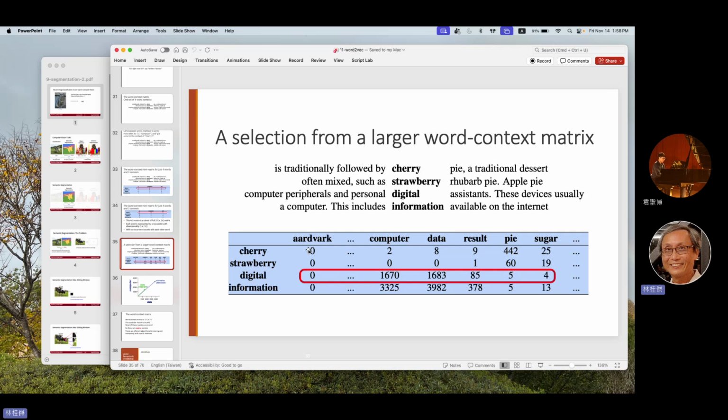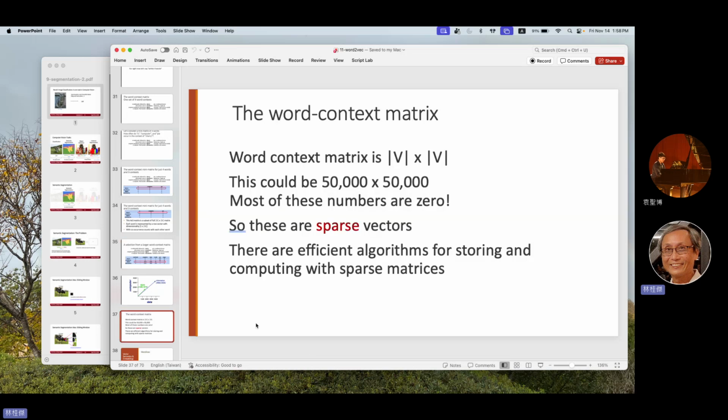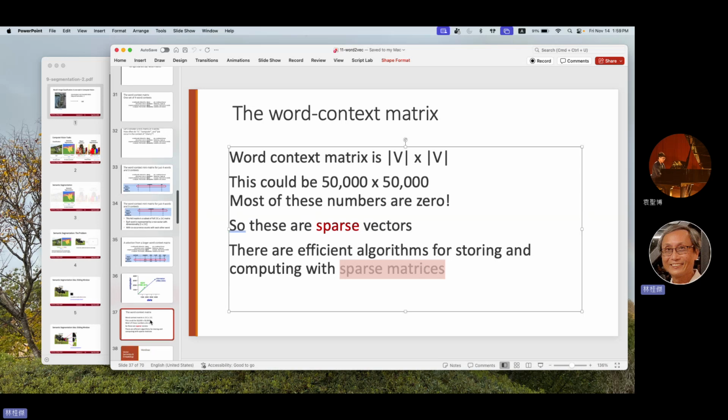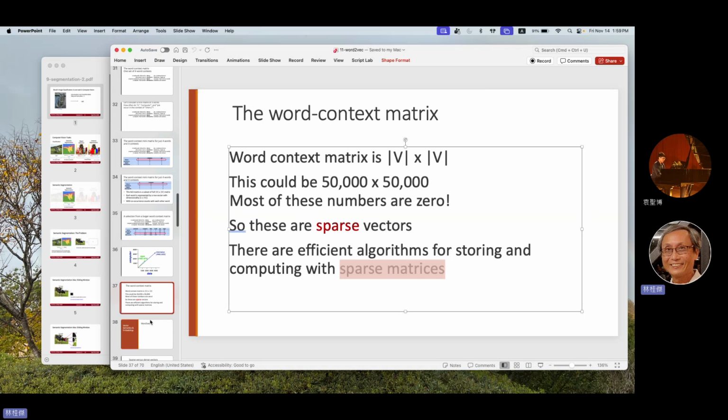So we say that such a representation is pretty sparse, because the matrix has 50,000 by 50,000 spaces, but most of them have value 0. For computer technology, that means you're wasting storage for representing those numbers.